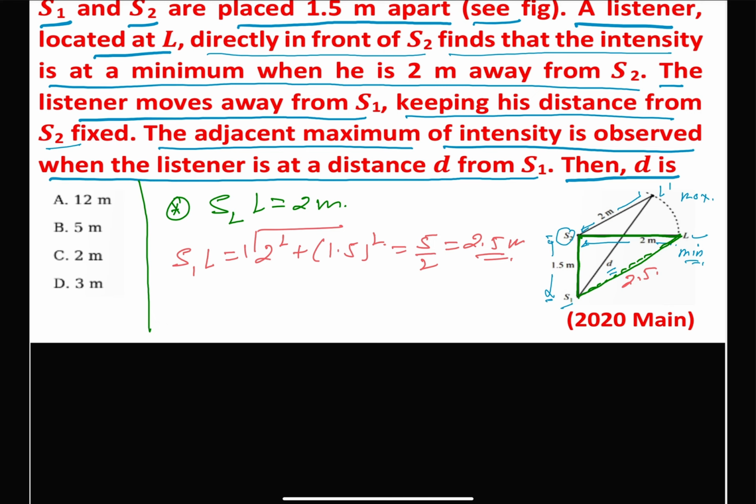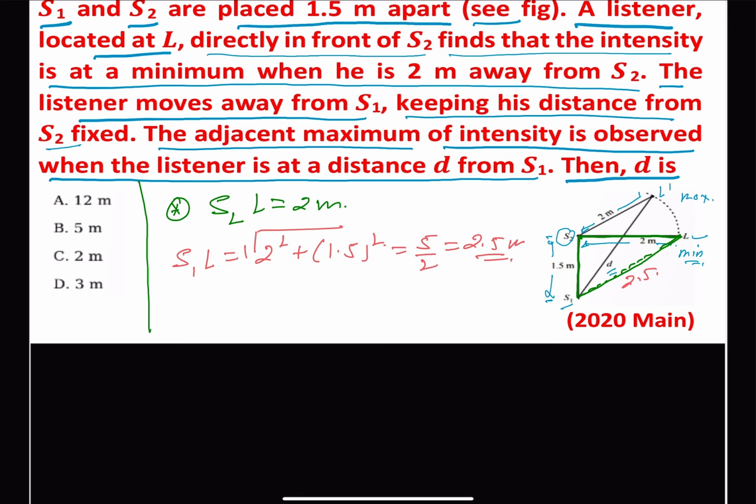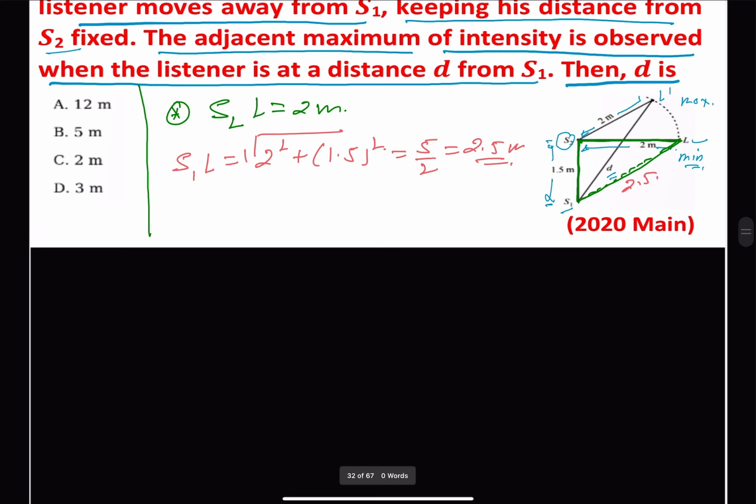Now we can find out the path difference between the two when it is at the position of L. So the path difference, delta x, will be equal to S1L minus S2L.